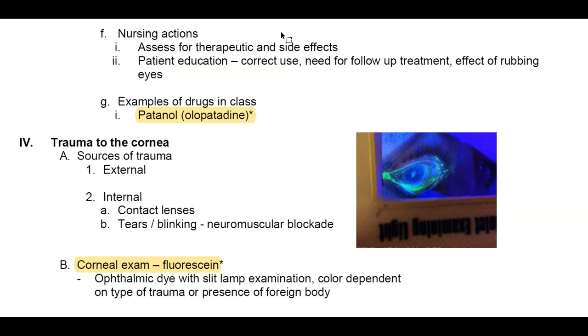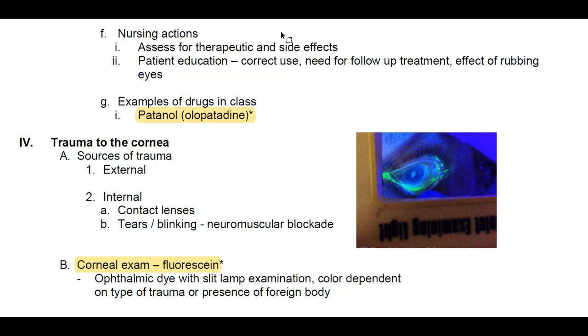How do we examine or diagnose a corneal tear or trauma or even foreign body in the eye? What they would usually do, so the providers or the specialists will do, is administer fluorescein. So fluorescein is an ophthalmic dye that they use with a slit lamp examination.